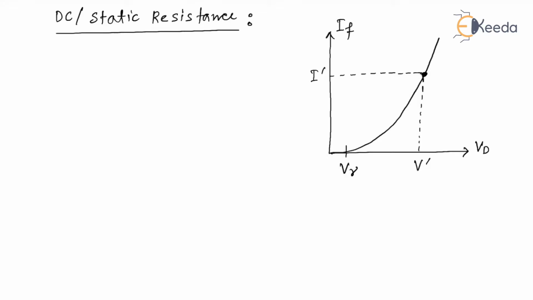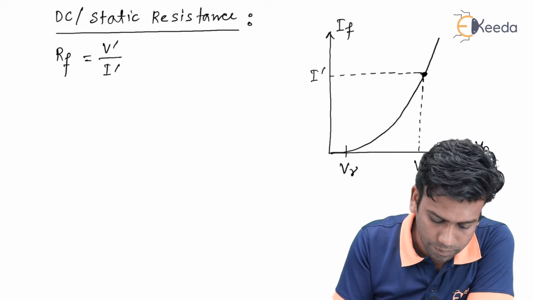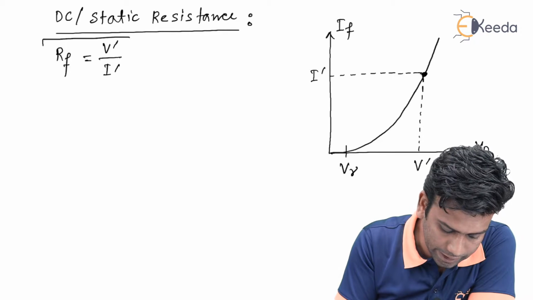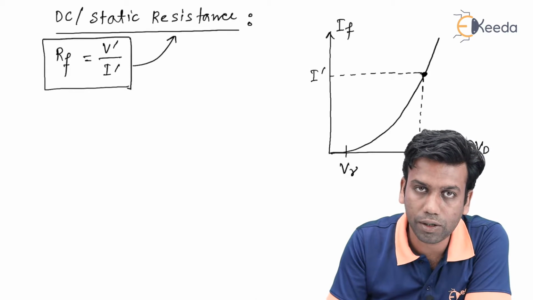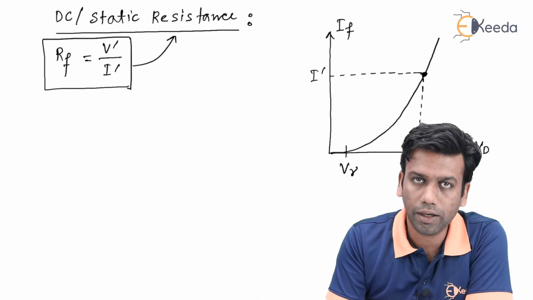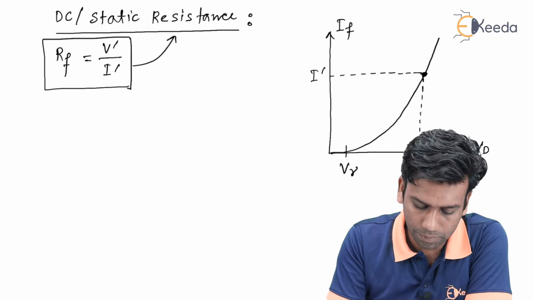So the DC or static resistance can be defined as RF equals V dash by I dash. This V dash by I dash is the static resistance of the diode in the forward bias condition.